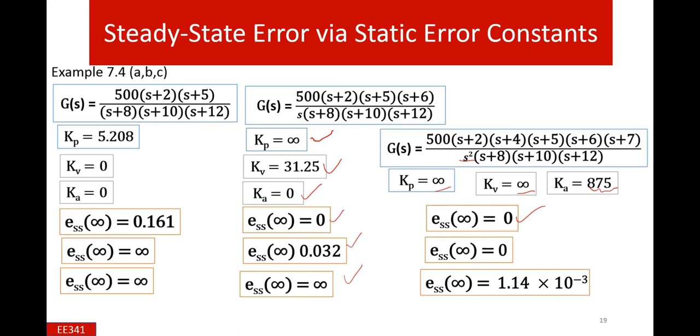If we apply the step input, the error is 0 again. If we excite this type 2 system by using the ramp input, then once again the steady state error is 0. And if we apply the parabolic input to this type 2 system, then there is error. So if we want to run this type 2 system error free, then we can use the step input or the ramp input to make the system's steady state error equal to 0.